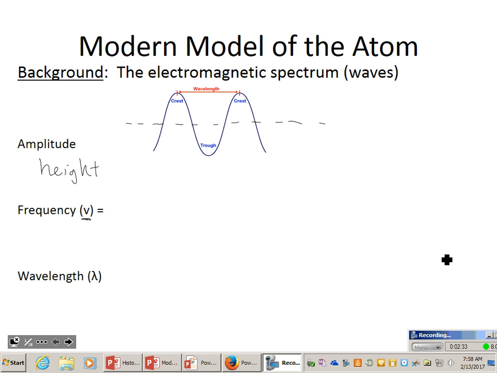Frequency is the speed of the wave, and that's measured in waves that pass a particular point per second. Let's be consistent and just use s, standing for seconds. Now, typically we don't usually use the unit wave. So for frequency, we would say the unit is the reciprocal of a second. And another way of writing that, so these all mean the same thing.